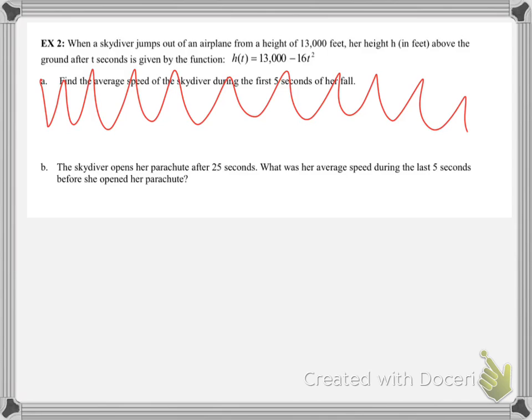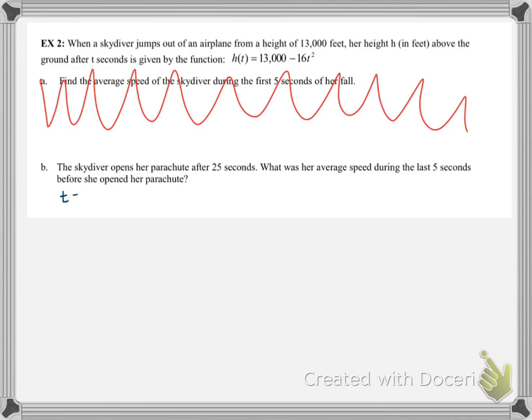So since she's falling down, her height is decreasing, so the average rate of change is going to be negative, but speed is always positive. That negative just tells us direction. So if you're asked for speed, regardless of the sign you get for your rate of change, you just give a positive speed. It'd be different if they asked for velocity, but I won't do that to you. So anytime you see speed, you can make it positive, because speed is always positive.